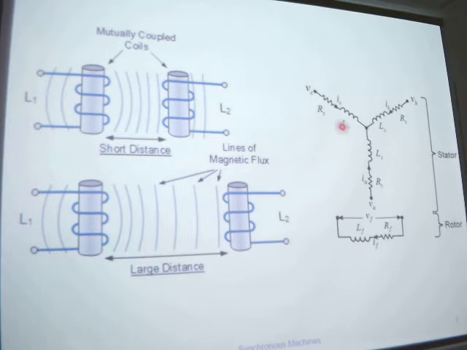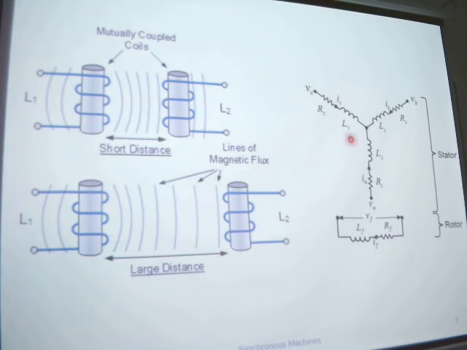But we know this is a three-phase synchronous machine. This is the stator coil, and this is the rotor coil. The distance between these coils is very short, because they are in a small cabinet.